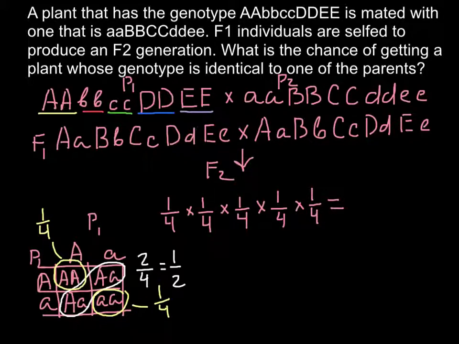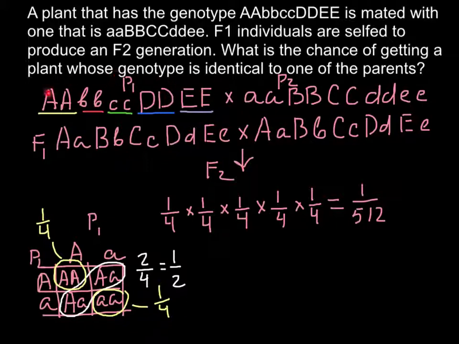And if we multiply all these numbers, for example, if we multiply 1/4 by 1/4, we are going to get 1/16. Multiplied by 1/4, we are going to get 1/64. And multiplied by 1/4, we are going to get 1/256. And multiplied by 1/4, the answer would be 1/1024.